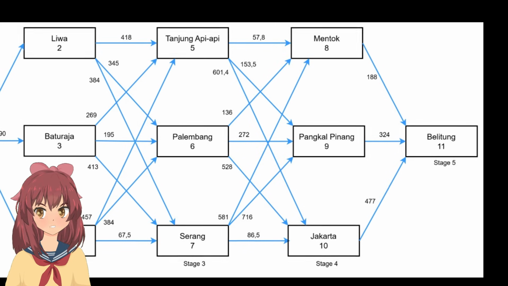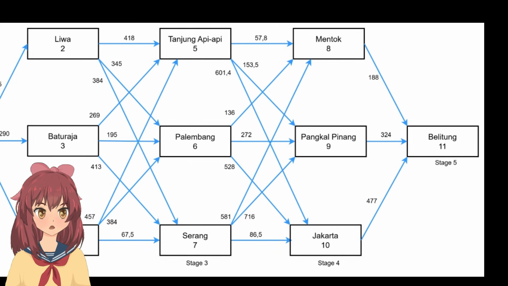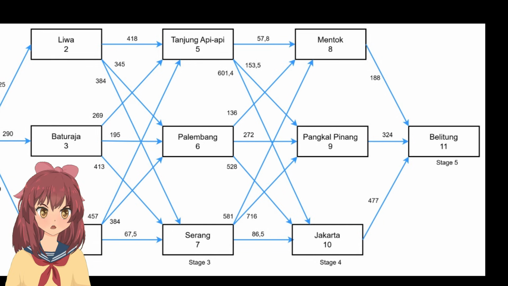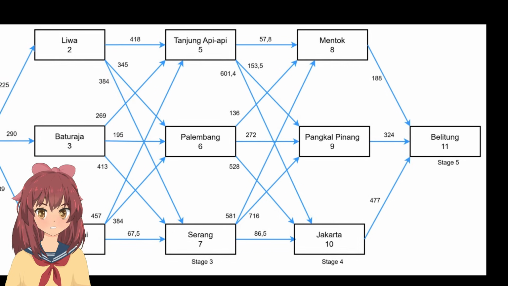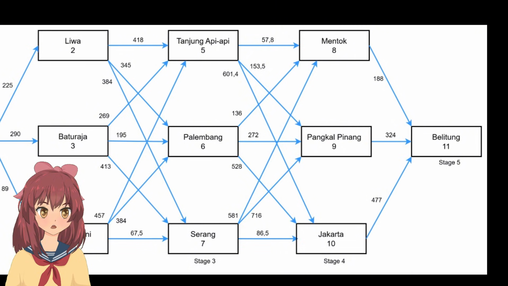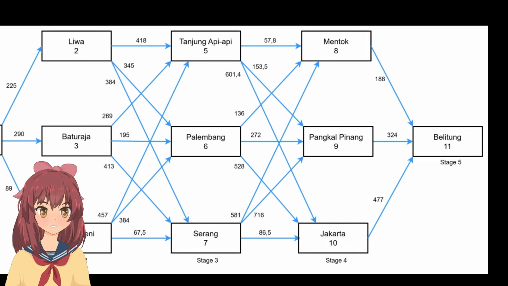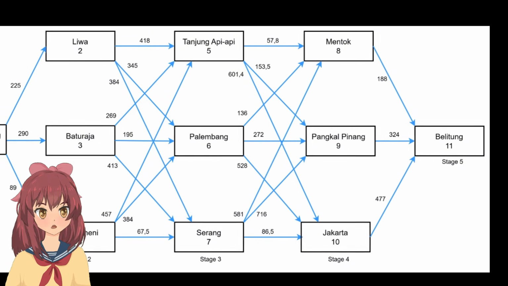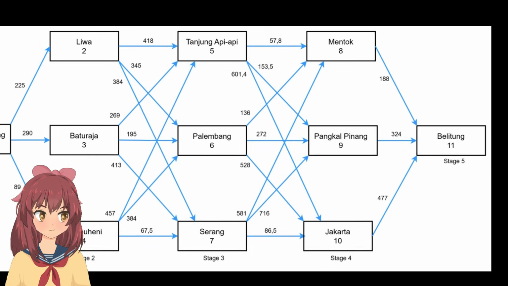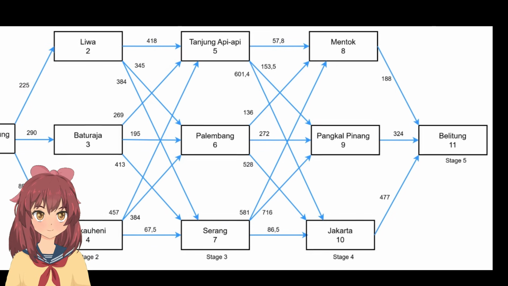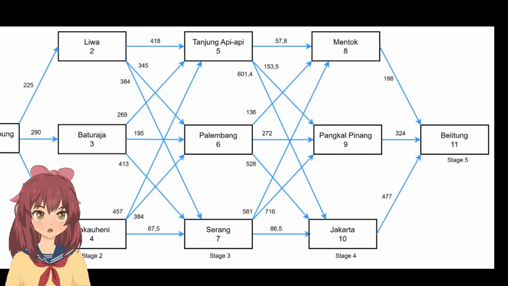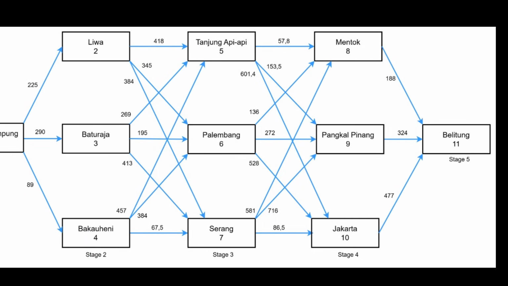From Mentok to Belitung, the distance is 188 kilometers, from Pangkal Pinang to Belitung 324 kilometers, and from Jakarta to Belitung 477 kilometers.